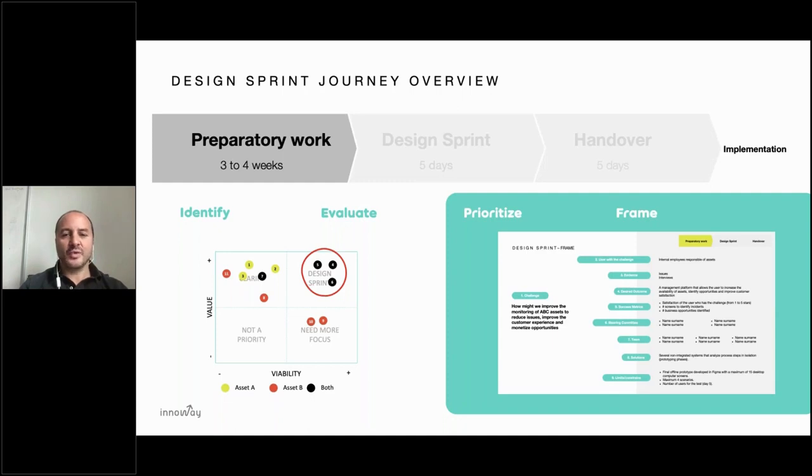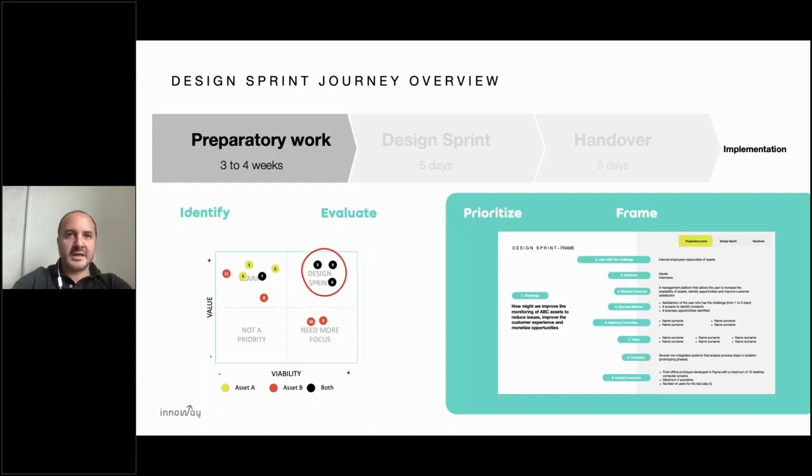And after that, we put together what we call the contract with the client. The contract is the design sprint and framing exercise where we put the initial and essential information to allow us to avoid any bottlenecks or blocks during the 5 days.